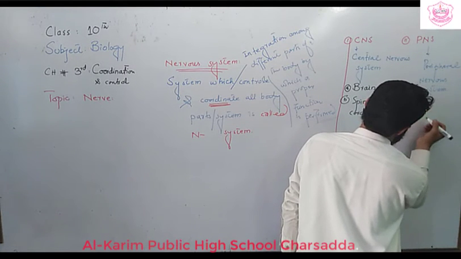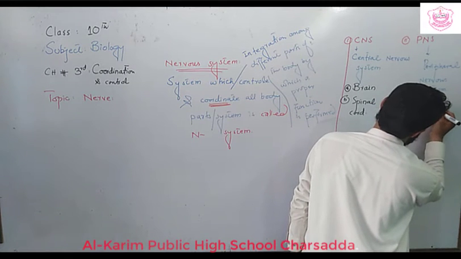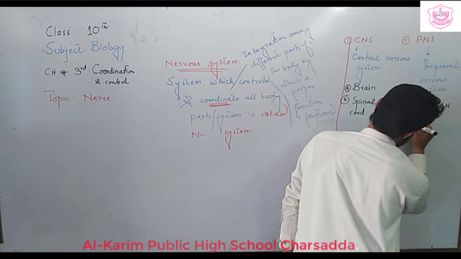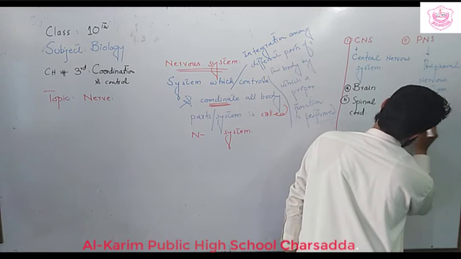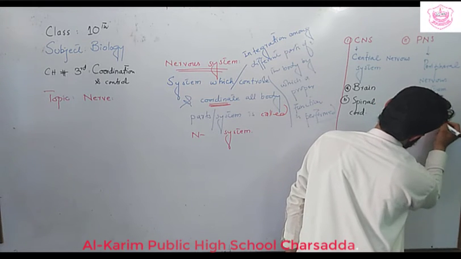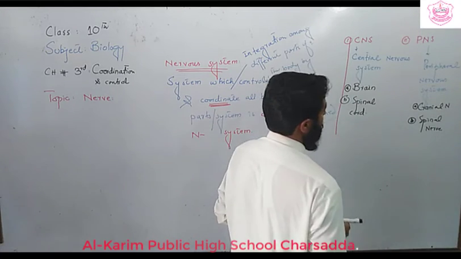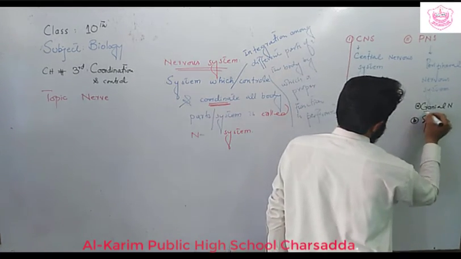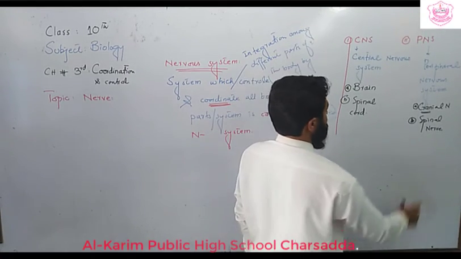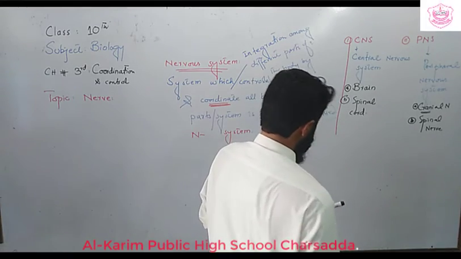First one is cranial nerves, while second one is spinal nerves. Nerves arising from the cranium are called cranial nerves, while the nerves arising from the spinal cord are known as spinal nerves. Okay, coming toward the brain.